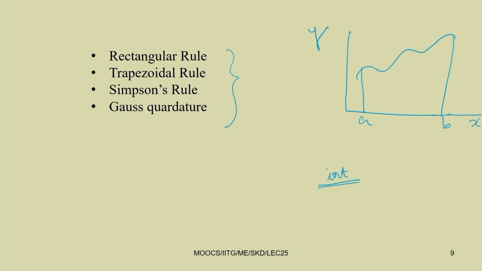You may note that when I am using this rectangle, if I draw a line parallel to this here, this portion is not accounted for when I am taking this as a rectangle. So, it can be observed that this portion is not taken into account. When I take this interval to be large, you can see this error is very, very large.